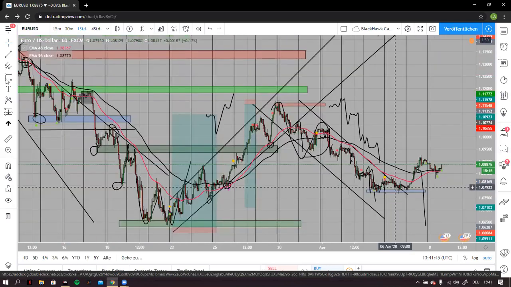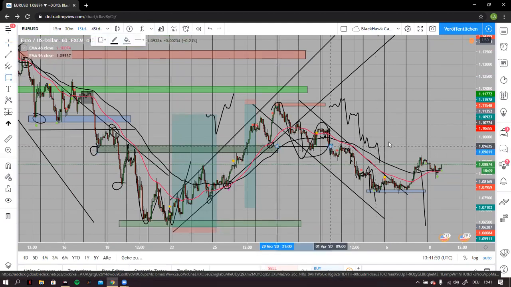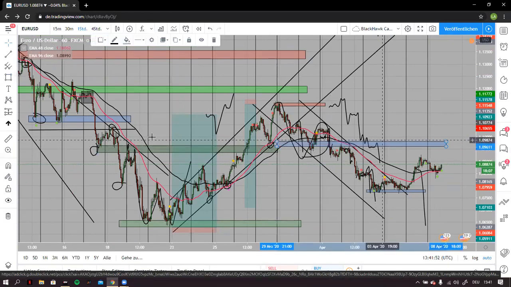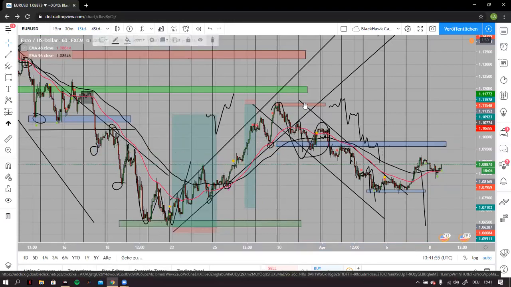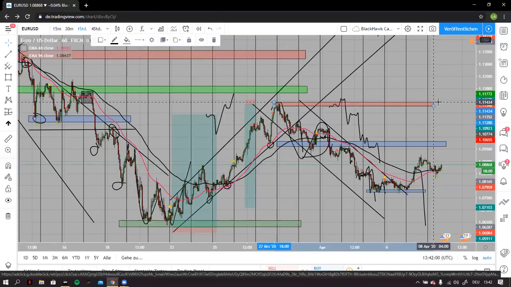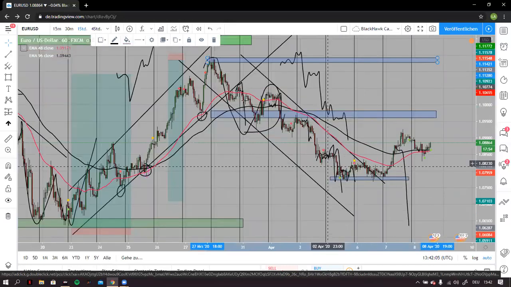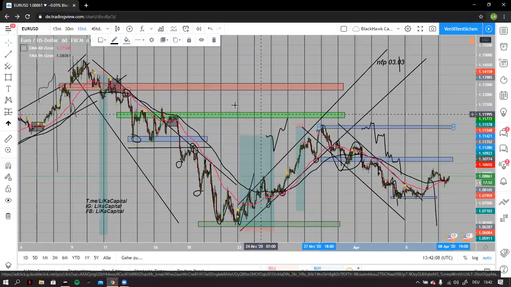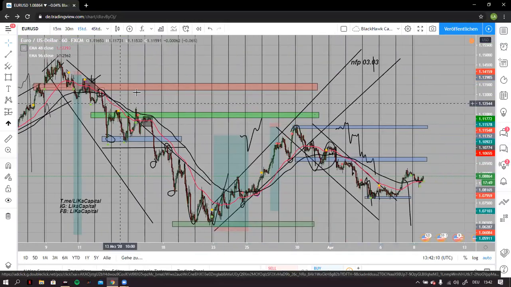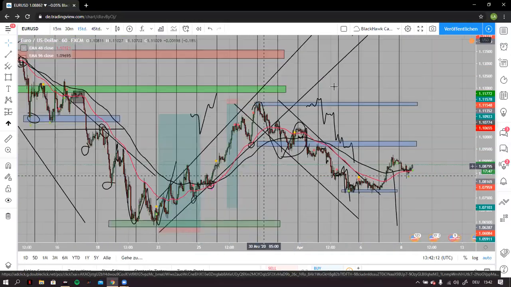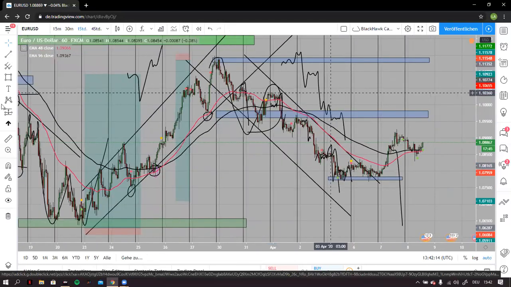So where are our take profit zones? Say here in this one, here at the high of the previous week, and even higher. But this one would be our two targets.